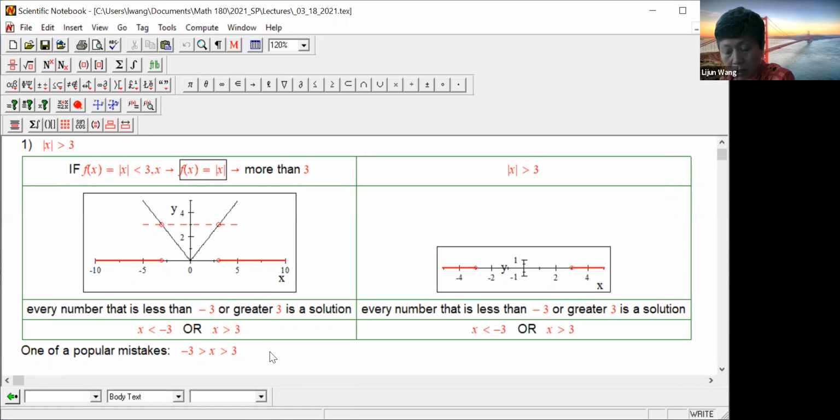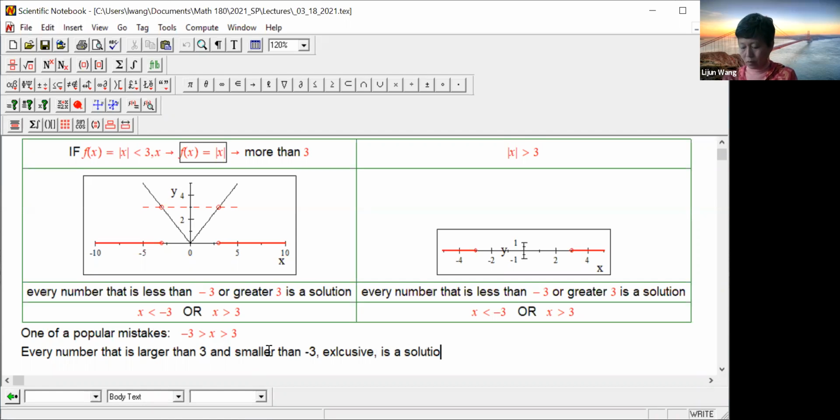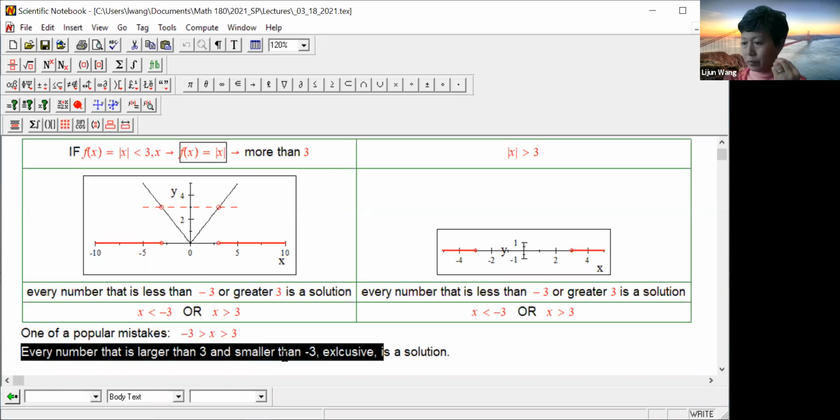Because the meaning is this: every number that is larger than 3 and smaller than -3, exclusive, is a solution. That's when your math professor reads this, that's the meaning.